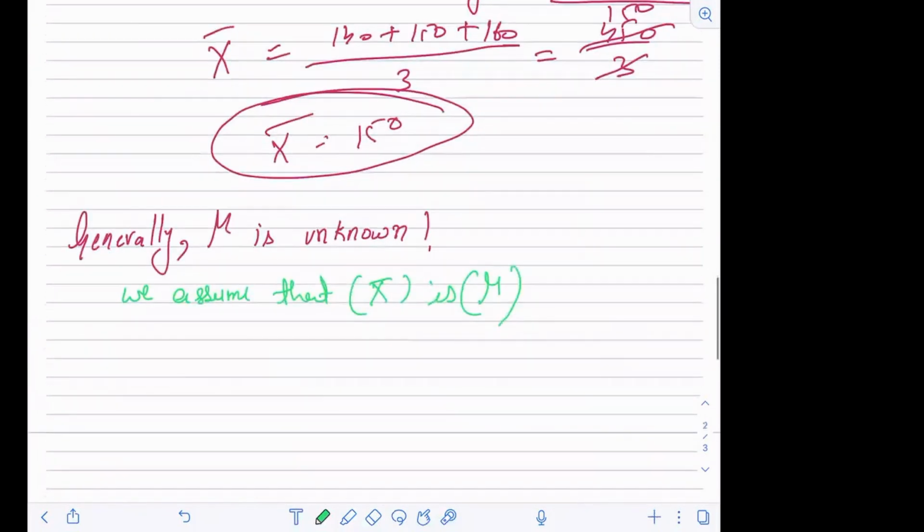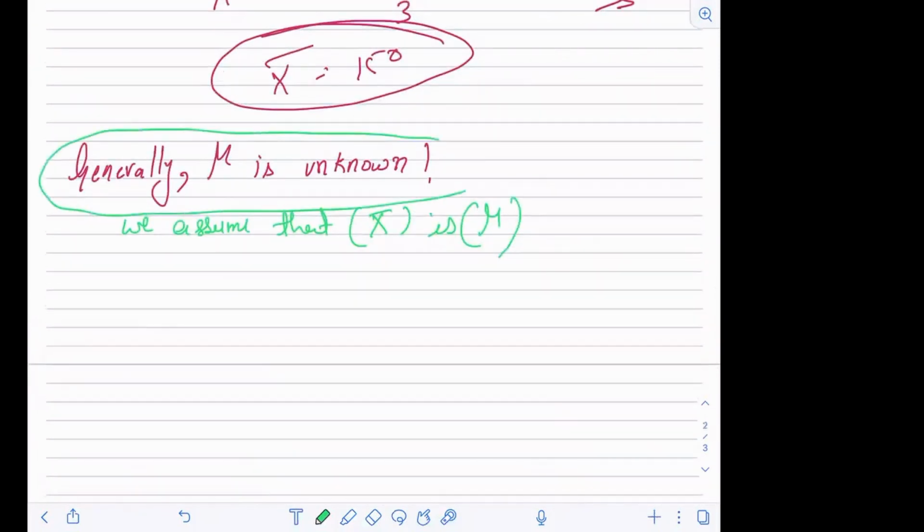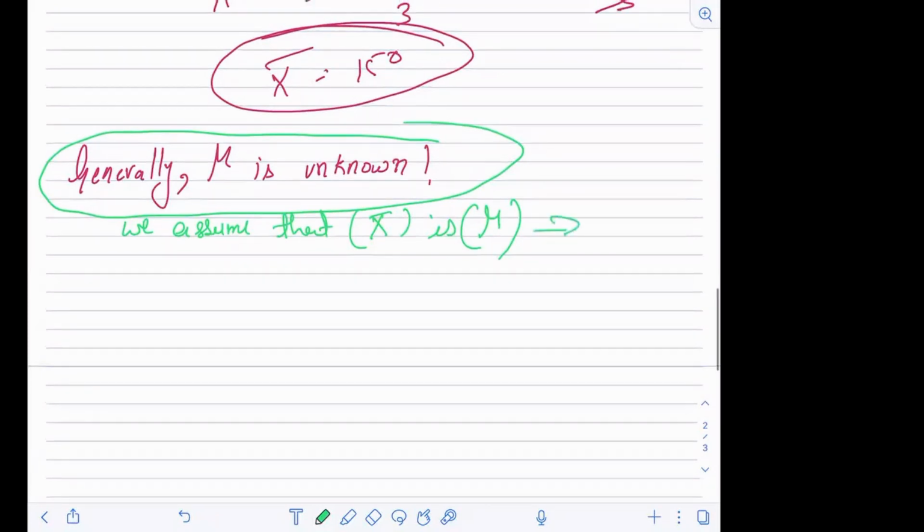So that's why I wrote that most of the time our mu is unknown. So we assume that our mean is actually mu. But you can ask me a question that no, this is not true, and I agree with you that this is not true all the time.